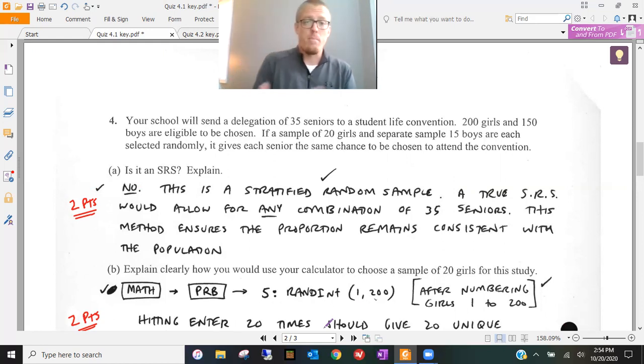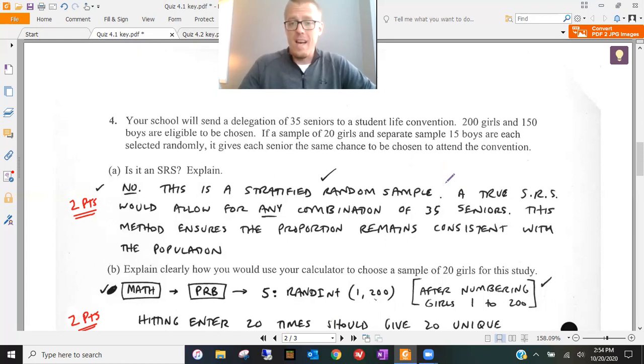So it's not that this is a bad sample. This actually might be a better sample because we want our female and our male population to be represented well. So it wouldn't really help if we sent a delegation of all 35 girls or all 35 boys, which could end up happening if we have an SRS. Let's stratify it first and pick, proportionally speaking, 20 girls at random and 15 boys at random, and therefore guarantee ourselves a good representative sample.